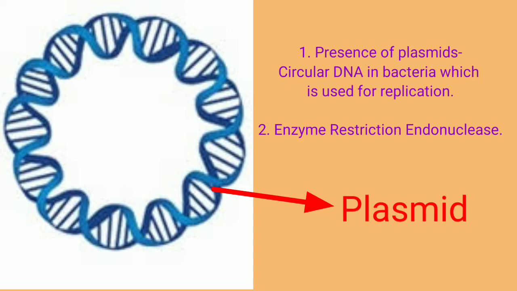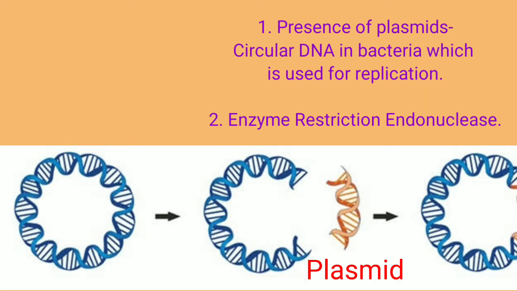And this plasmid, as it is made up of a short nucleotide sequence, having a different origin of replication, can undergo replication independently of chromosomal DNA. This discovery of the use of plasmids added a new part to the whole process of biotechnology.